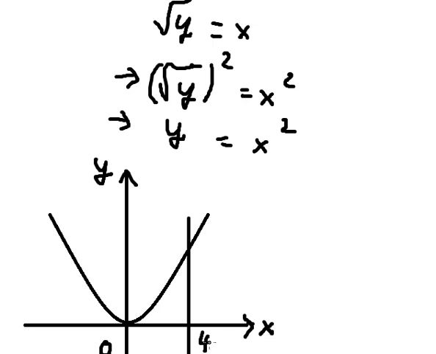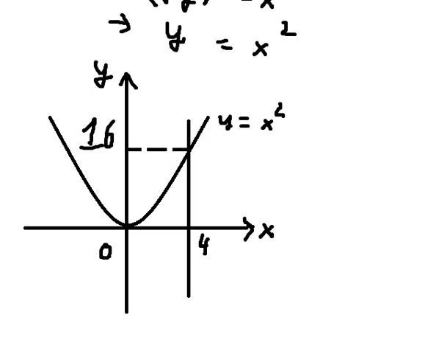Because we have 4 and y equals x squared, we put 4 in here, and we have 4 squared equals 16, so 16 is in here. So the region we need to focus on is this one.